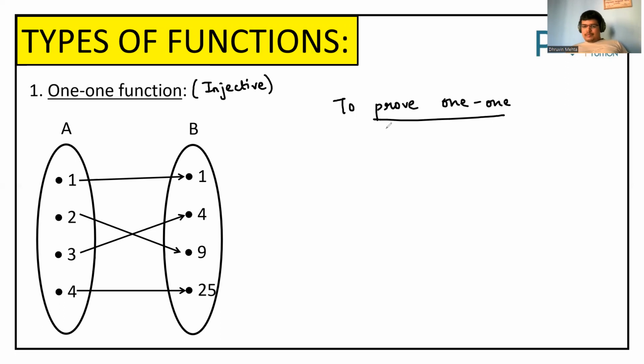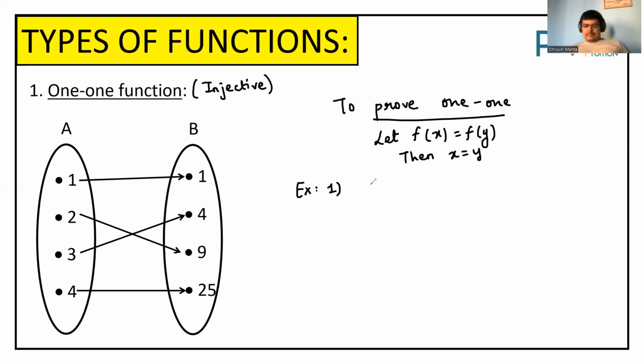So to prove a 1-1 function, the steps are, we'll start with an assumption, let f of x equal to f of y, and if we can prove that x is equal to y, then it is a 1-1 function. So I'll take a simple example.